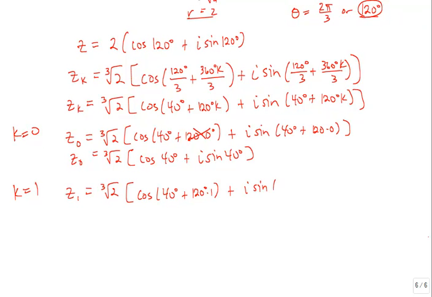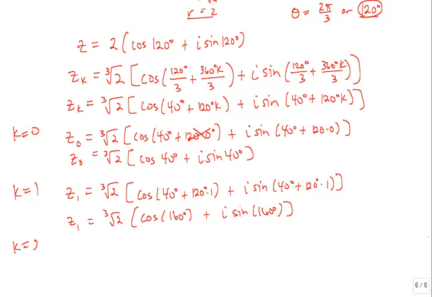And if you simplify that, 120 times 1 is 120 plus 40, so this becomes cosine of 160 degrees and sine of 160 degrees with that cube root of 2 out front. So z sub 1 would be this answer.